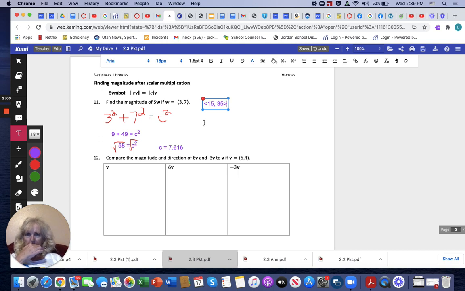Okay, then we're going to get 15 squared plus 35 squared equals c squared.